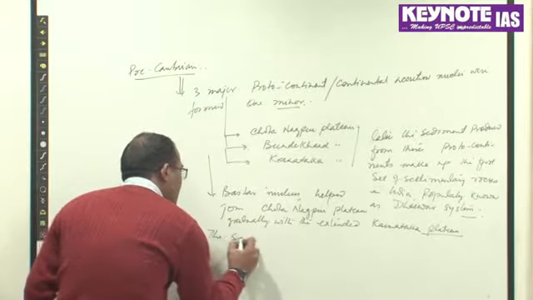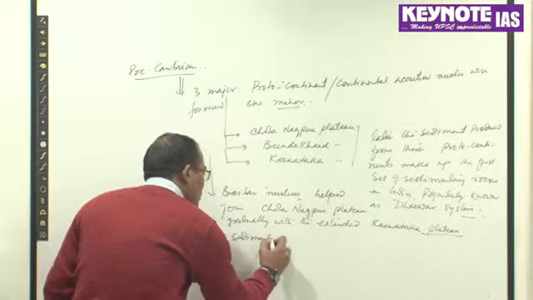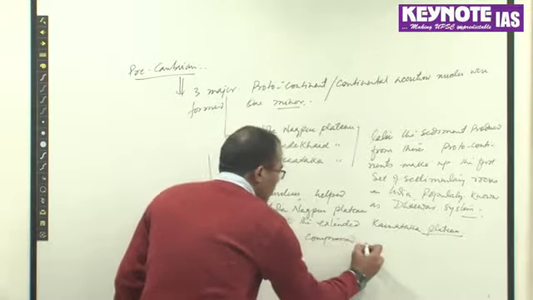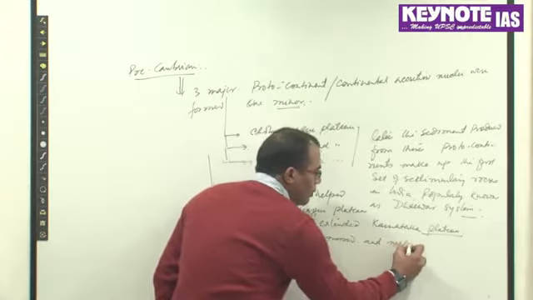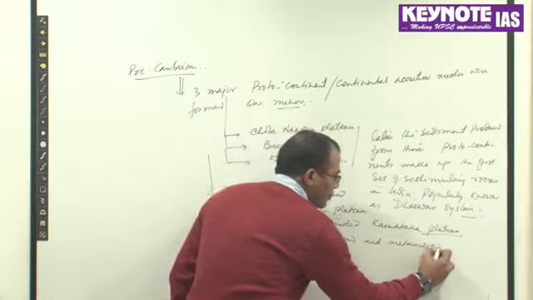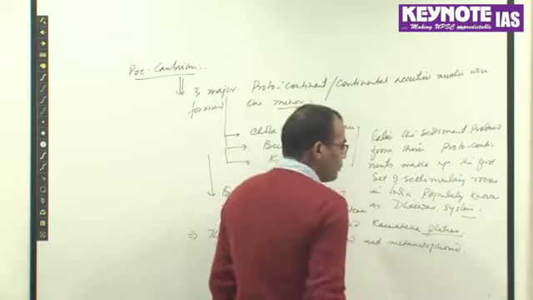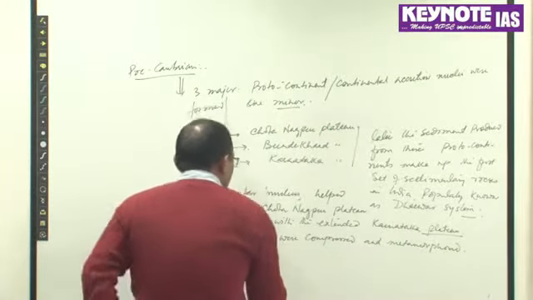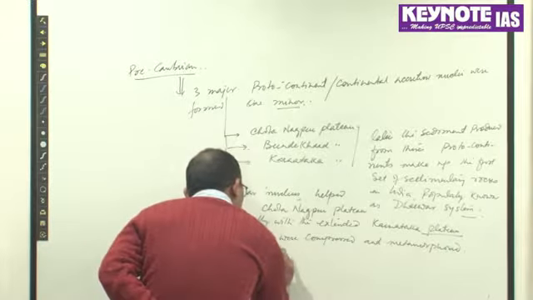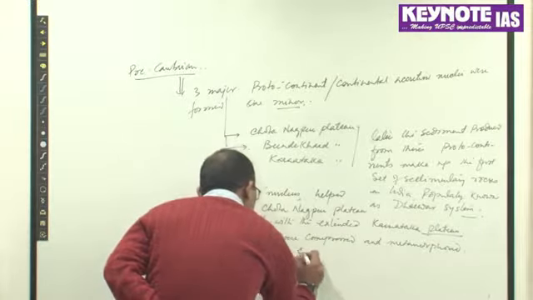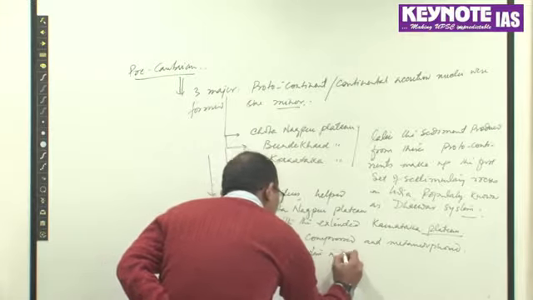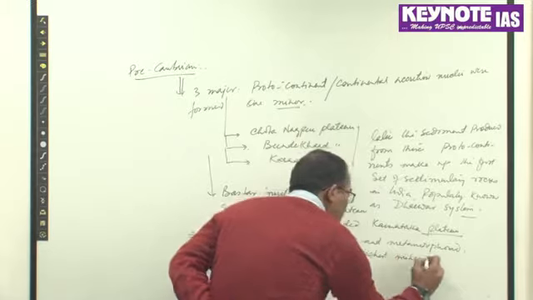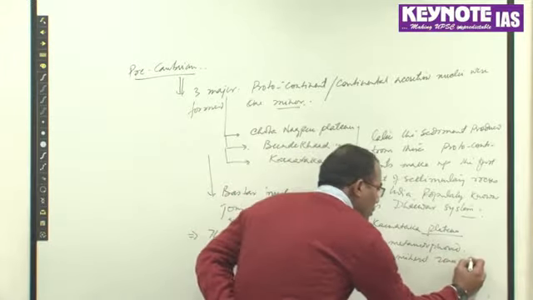The sediments were compressed and metamorphosed. That's why Dharwar system is the richest mineral zone in India.